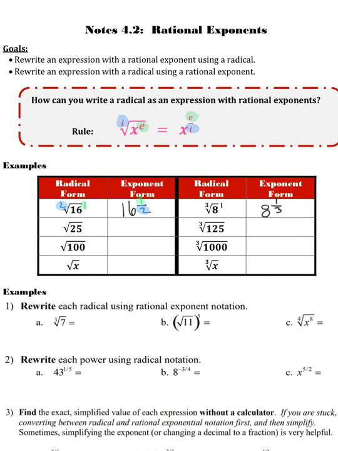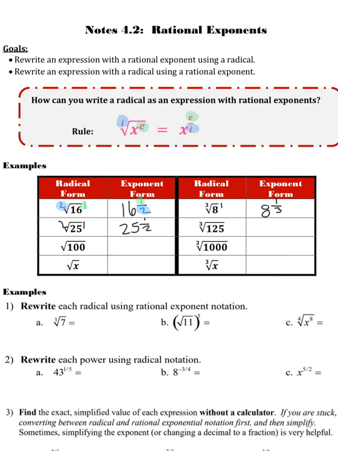So the example right below is the square root of 25. So square root is an index of 2. And again, it's just 25 to the first. So when I want to rewrite that, I'm going to use 25 as my base, and then my exponent. Remember, we're going to use the 1 for the numerator over the index of 2.